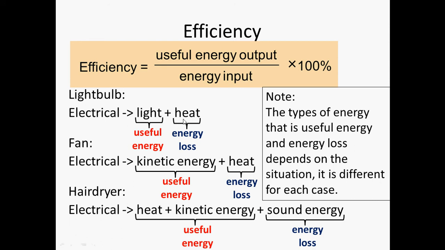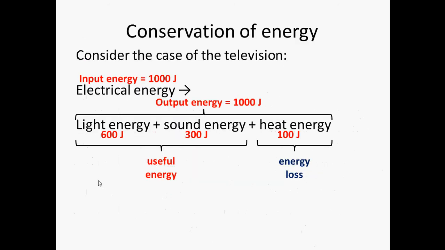Alright, if you say that, then what about the hair dryer? What about an iron? What about a flame? Alright, those examples are examples where you need heat energy. Alright, so you need to look at each individual example before you judge what is useful energy and what is energy loss. Alright, energy loss may be sound energy or maybe other forms of energy. Okay, so let's move on.